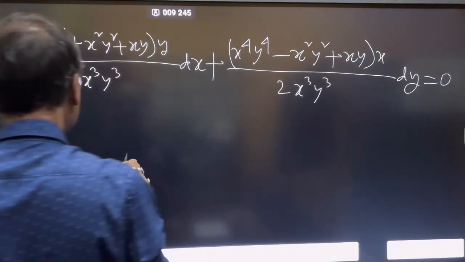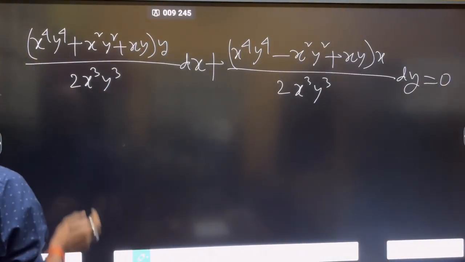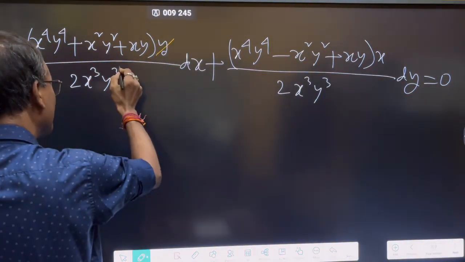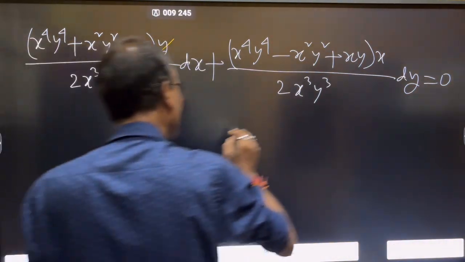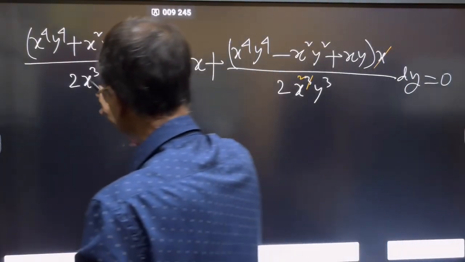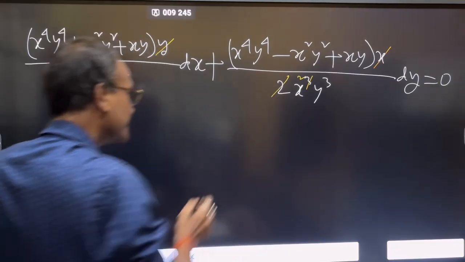Multiplying by this, now this y cancels, this x square will be cancelled, and 2 will also be cancelled.